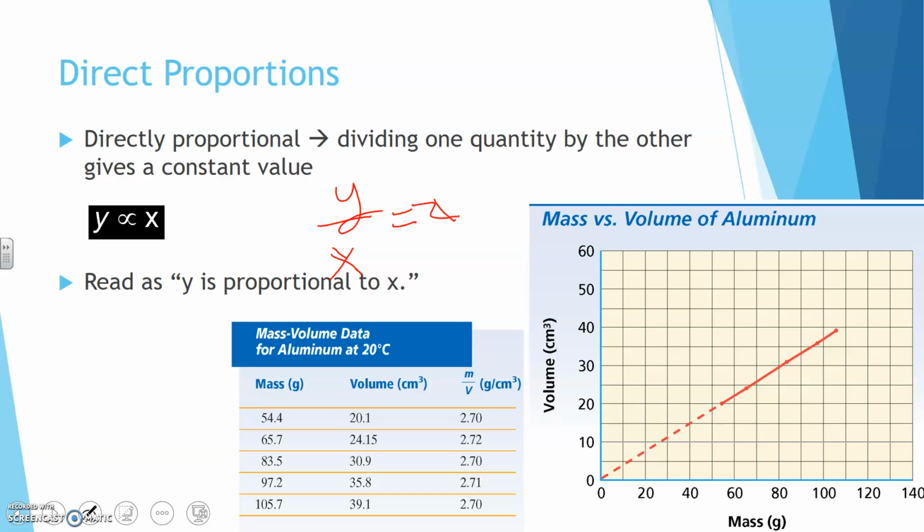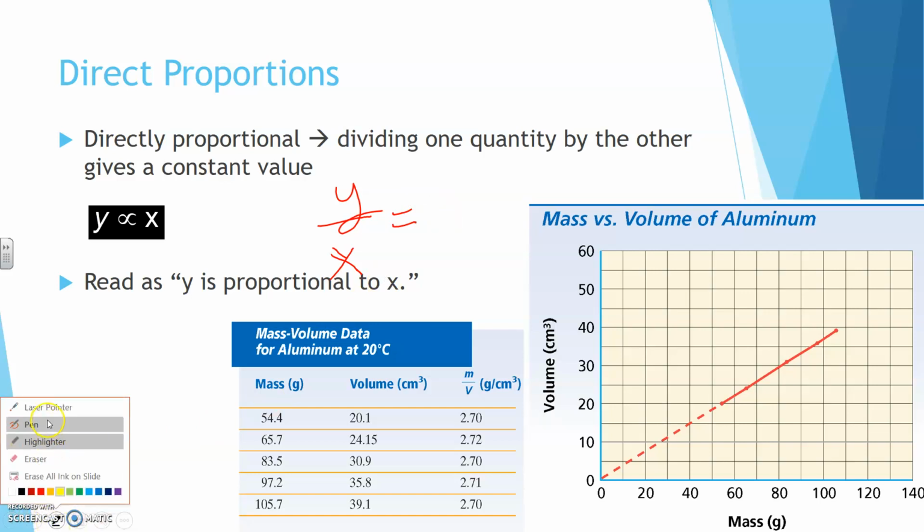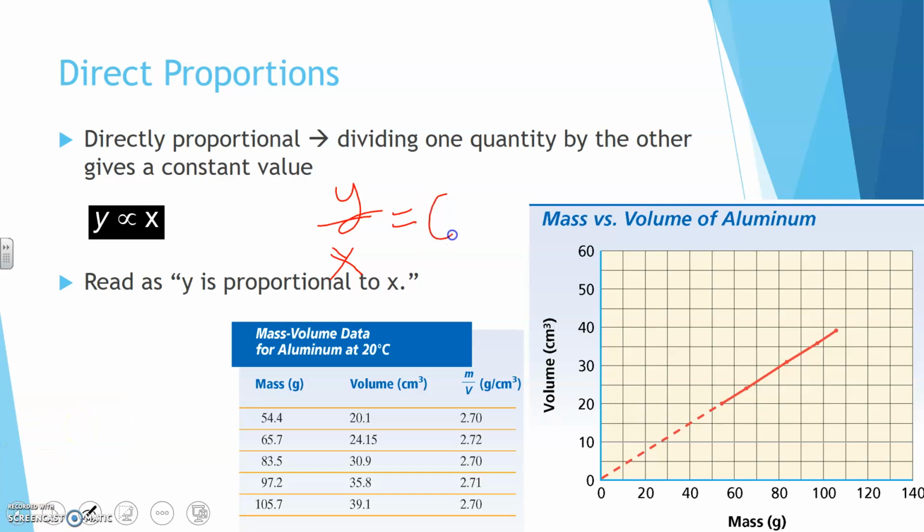That looks horrible, but in this case your y and your x are the only ones that can change. The z is going to be a constant, so why don't I actually put that as a c, because it is a constant. If you graph the two values next to each other, like we did over here, you're going to get a straight line.